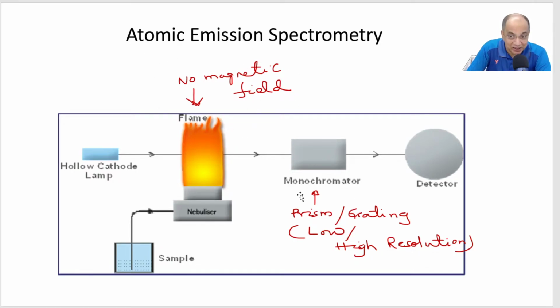But here you have two possibilities: whether you get a low resolution spectrum of the same plane or same radiation, or a high resolution, depending on what monochromator you are using. Is it a powerful resolving agent, resolving substance like a grating, diffraction grating with high power capacity, or ordinary prism?